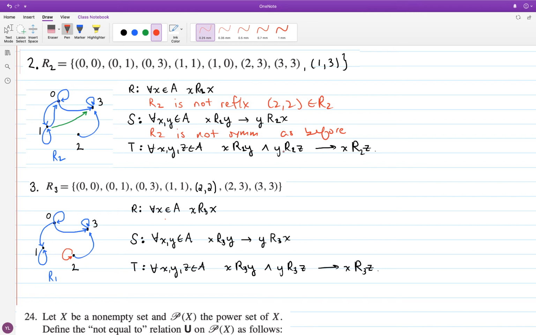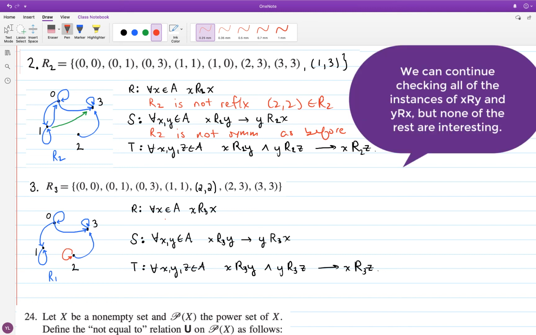So in that instance, transitivity is okay. For example, 2 is related to 3 and 3 is related to 3, and hence I do have that 2 is related to 3. That's technically a situation where this conditional would be true as well.